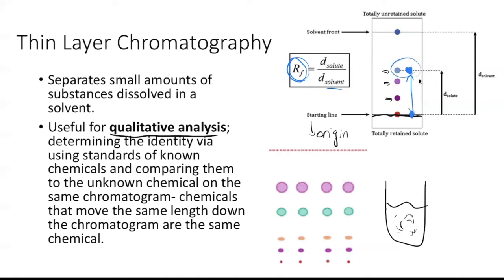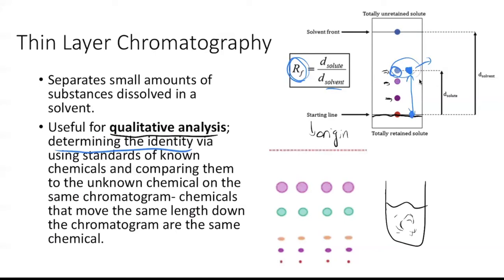So it helps us determine identity using chemicals that we know of. We might know what this blue chemical is, and that can help us determine the identity of this compound over here, which we might not know. Hopefully that makes sense about how this is useful.